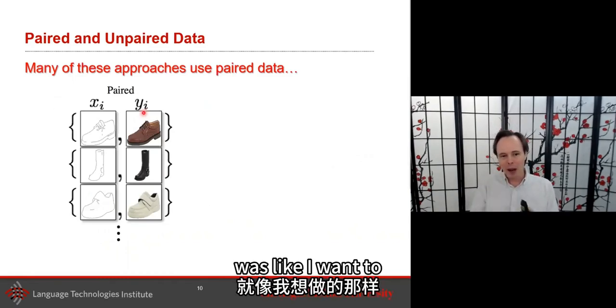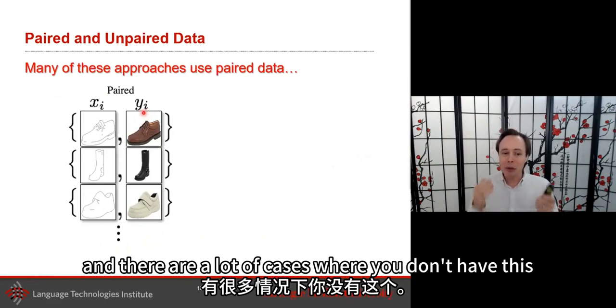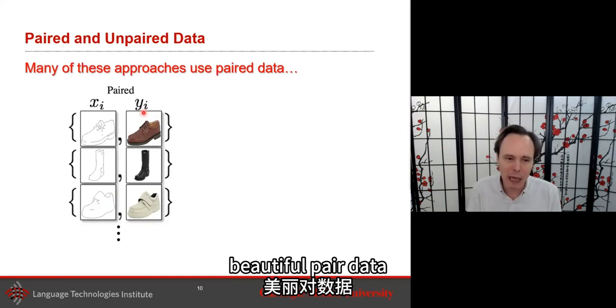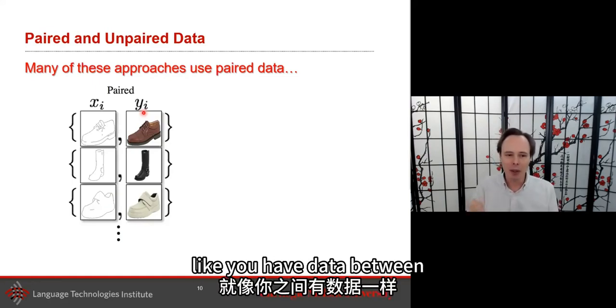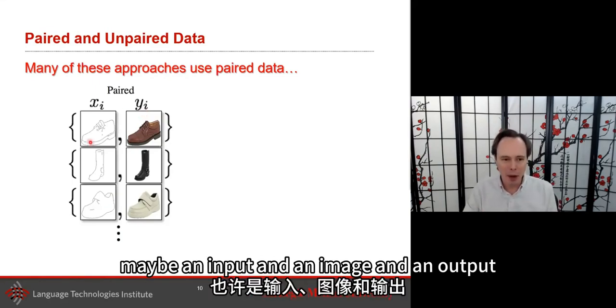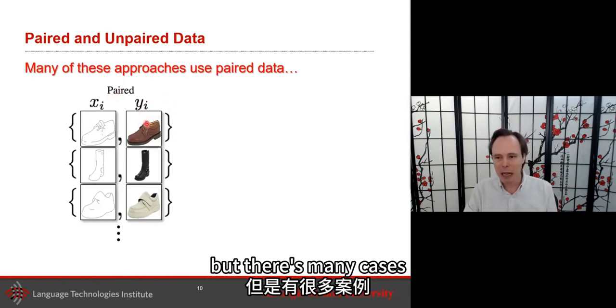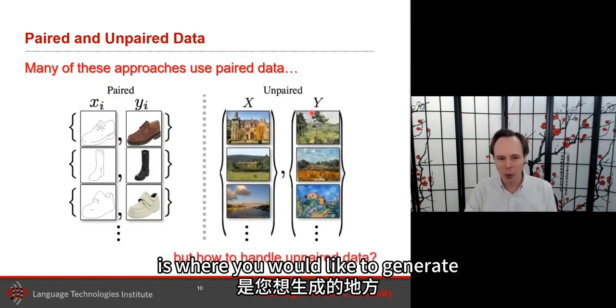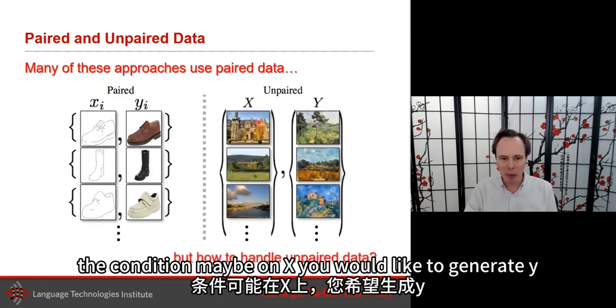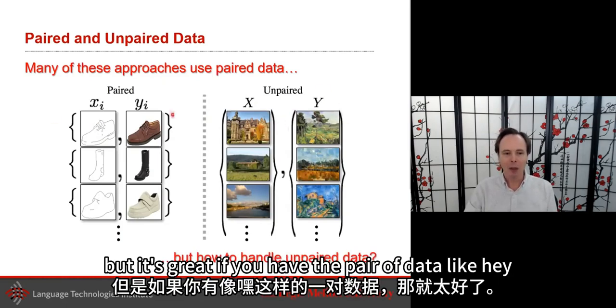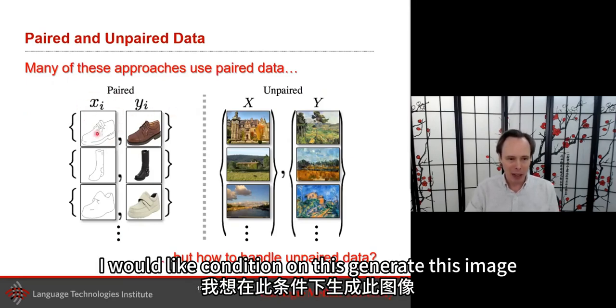The second part, which I also went through a little bit quickly last time and want to discuss again, is that there are a lot of cases where you don't have this beautiful paired data, like between an input and an output. There are many cases where you would like to generate Y conditioned on X, and it's great if you have paired data, like, hey, condition on this, generate this image.